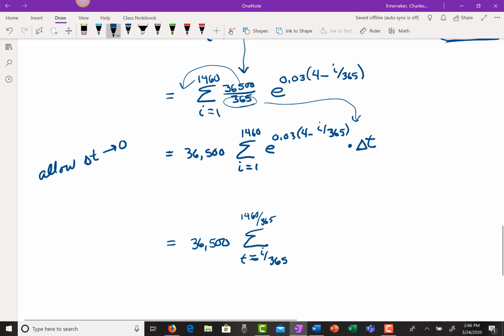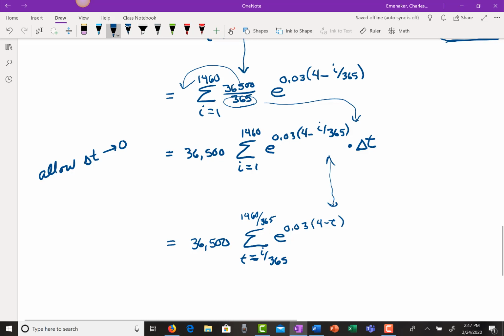So this goes up to 4. This is going to be written as e to the 0.03 times 4 minus t. Now we can say the 4 minus t because t is I over 365, which is exactly what we had up there.